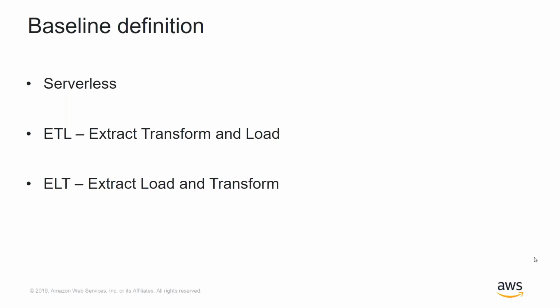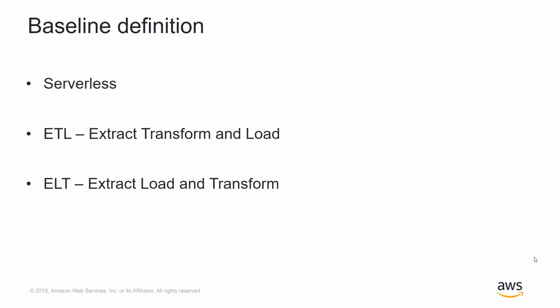That's serverless. Next, ETL. We all know ETL. It's been around for 20 plus years, ever since data warehouses got popular. It's extract, transform, and load. It means that we are moving data from one place to another place. And as we move this data, we are applying certain transformations to the data. The third, ELT, is also quite popular, and we see it more with users who are more comfortable with SQL.